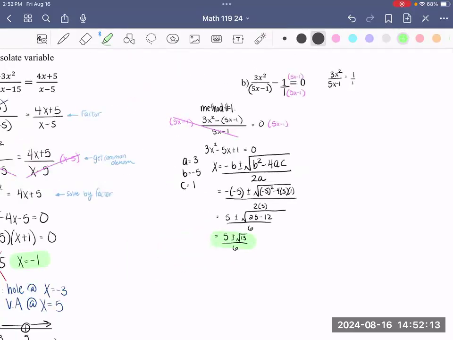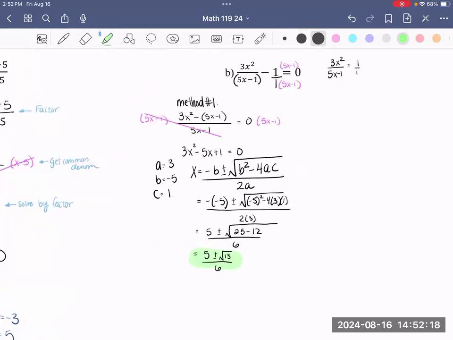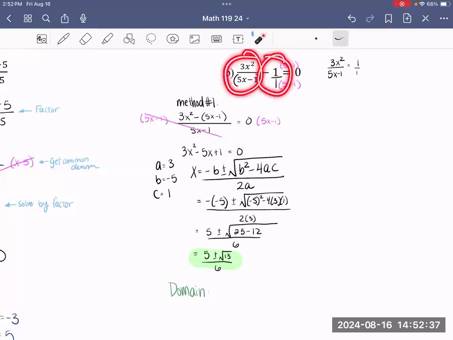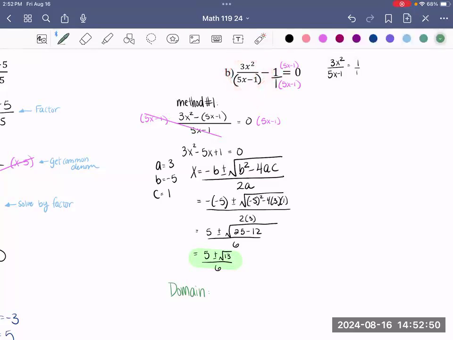Now, there is another method, keep in mind. Well, actually, if we talk about your domain for a second, starting with your domain, well, we had two terms. Is there any restriction when it came to this -1 or this -1? No. However, you do have your variable in the denominator, which is going to cause that undefined answer.